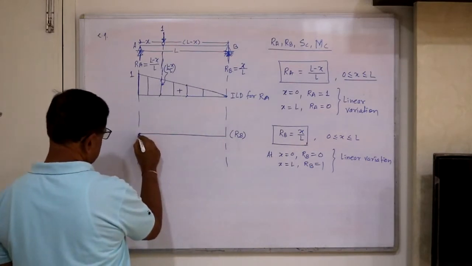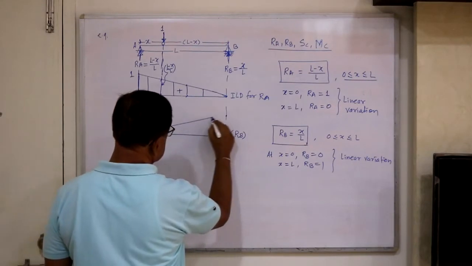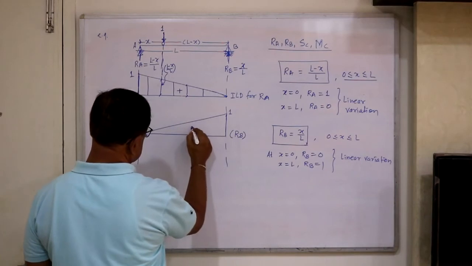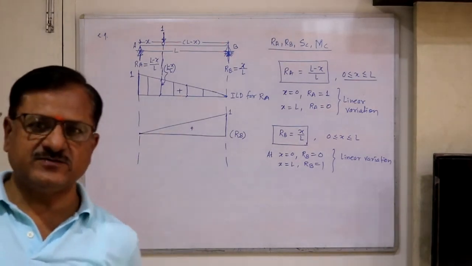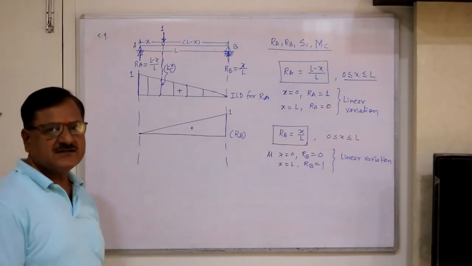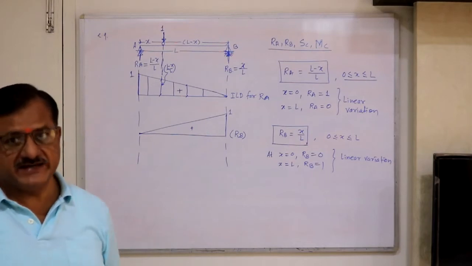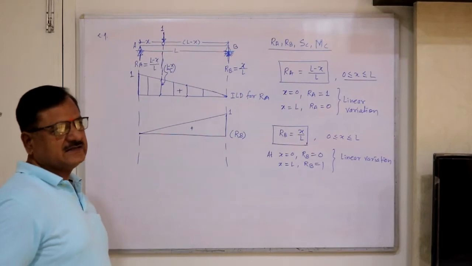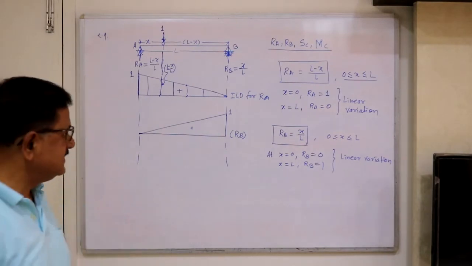So it is 0 when the unit load is at A. Now this is 1 and this is plus. So this is the ILD for RB. Each and every ordinate of this diagram represents reaction RB, and exactly under the load the ordinate is x by L. So each ordinate represents reaction RB when the unit load is placed at that point.